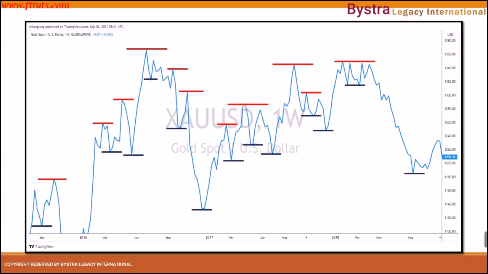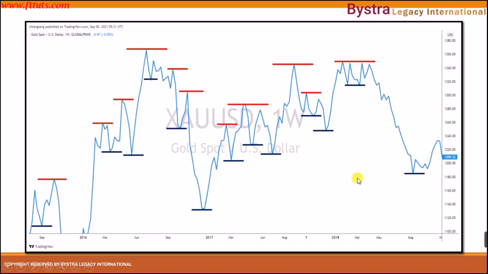The support is marked with the blue horizontal line. So now we have roughly marked the resistance, and we have also roughly marked the capital letter V, which is the support. Now, why do I not mark this area, or this area, or this area here as support or resistance?